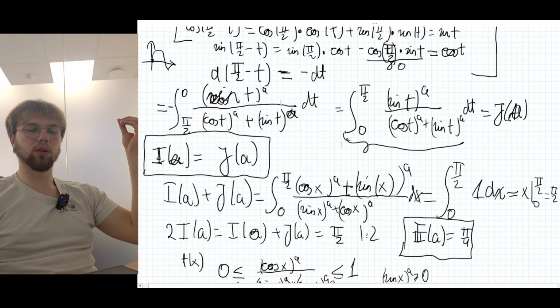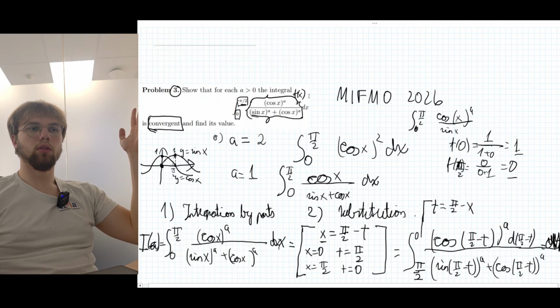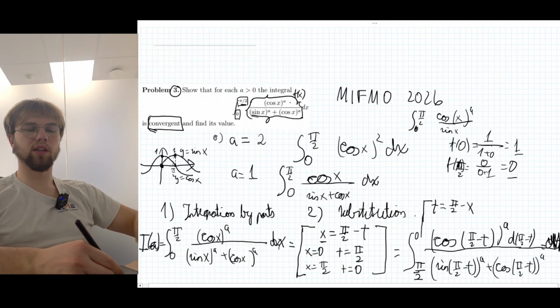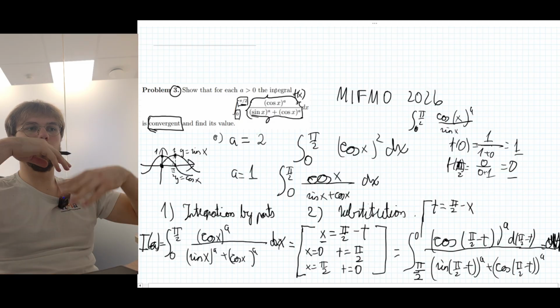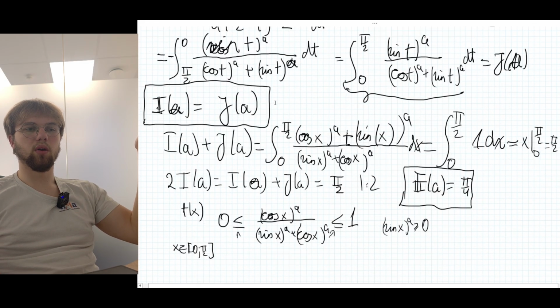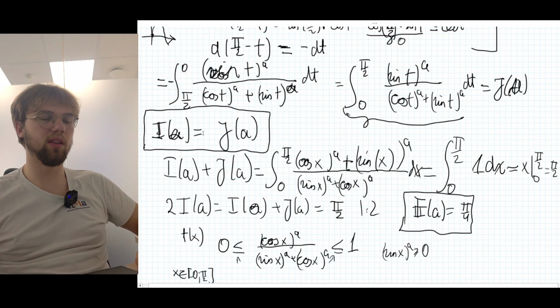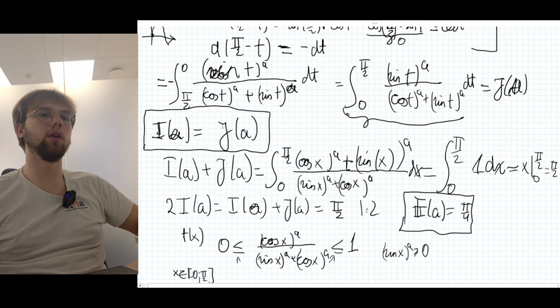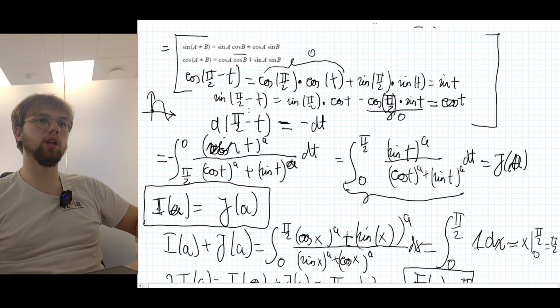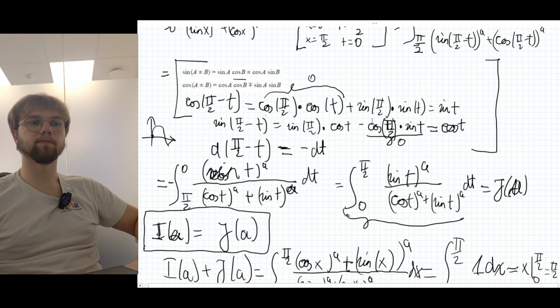So you'll need to do some trick, and most of the time it would be super easy just to write sine of x, and the bottom and the top cancel out, and it's just 1. What's harder is showing that these integrals are just equal. But this is very easy by this substitution.